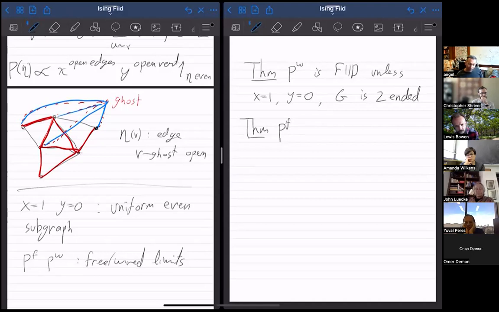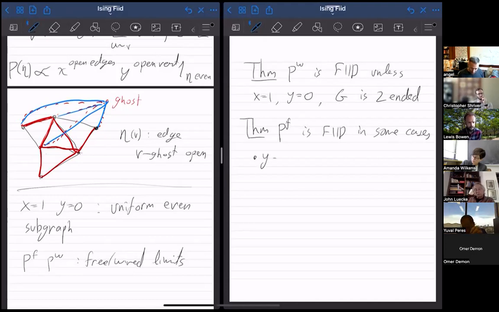But for the free, things are a bit less clear and not as easy. The conjecture, we believe it's always a factor of IID, but we can prove this in some cases.